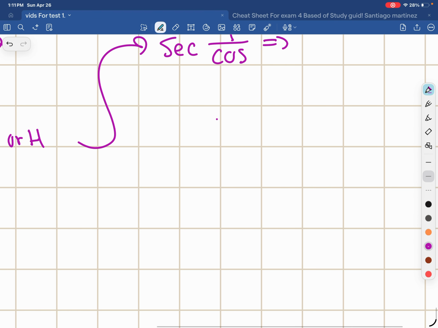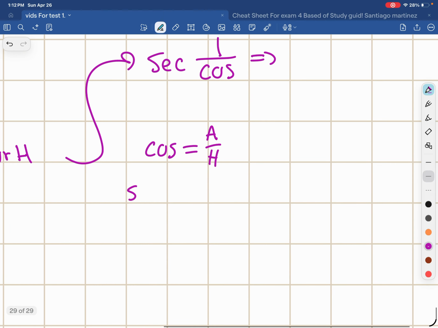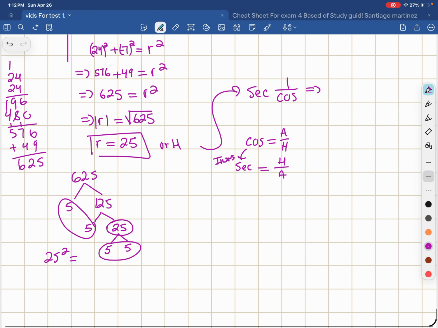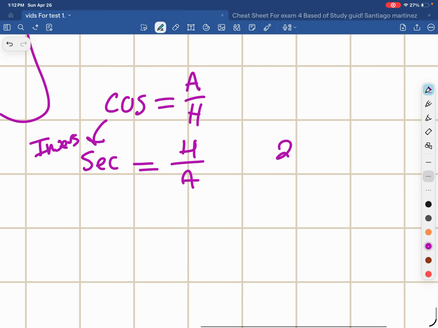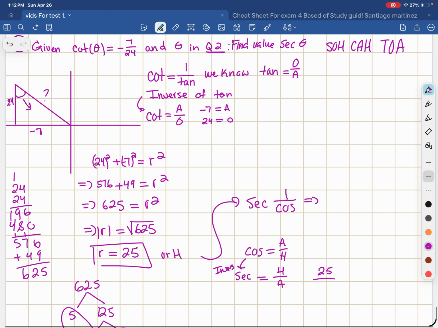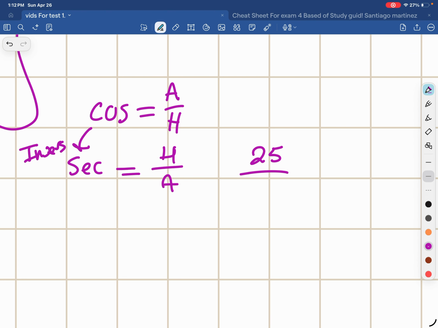So we know that secant is the inverse, so we can write it as h over a. Knowing that, let's just fill in our values. So h is 25 and our a is 24. Or 7, excuse me. -7. And that is our answer to that question.